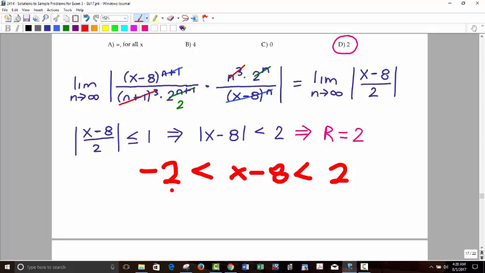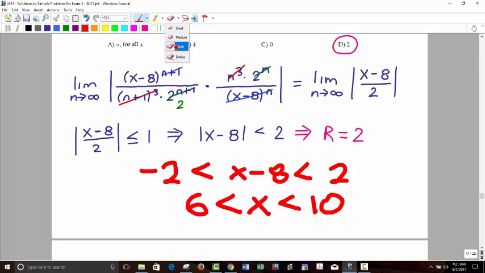Well, you add 8 to both sides, you're going to get 6 and 10. There's 2 ways you can do it. The radius would be 2, because you can say the difference from 8 to either 6 or 10. You can also look at it as the distance between 6 and 10 divided by 2. That distance would be 4, so you can do it that way, or the first way that I did it. But either way, the radius of convergence is definitely 2.